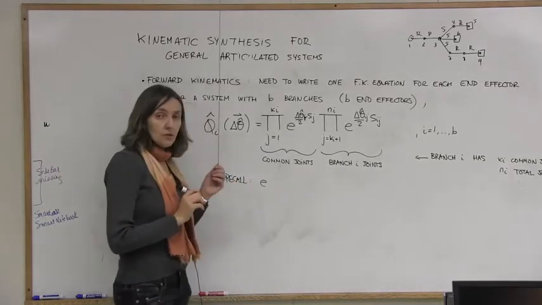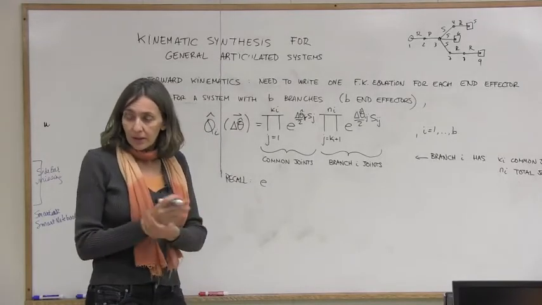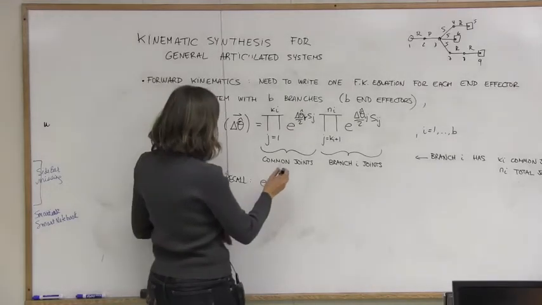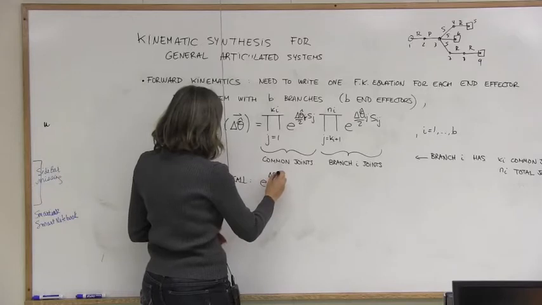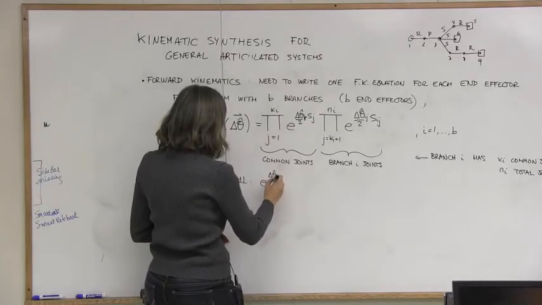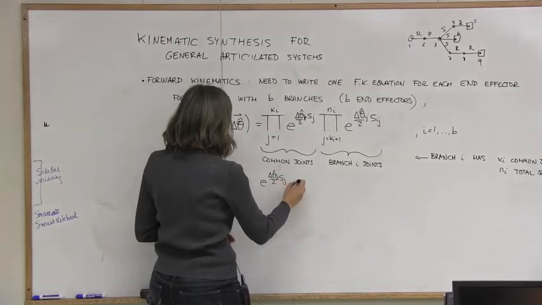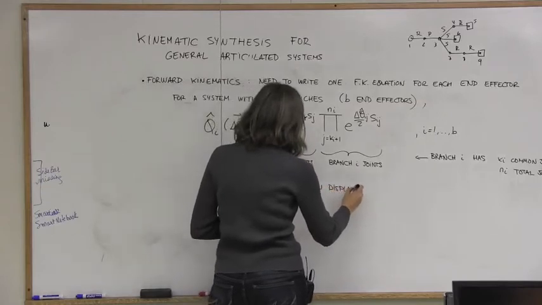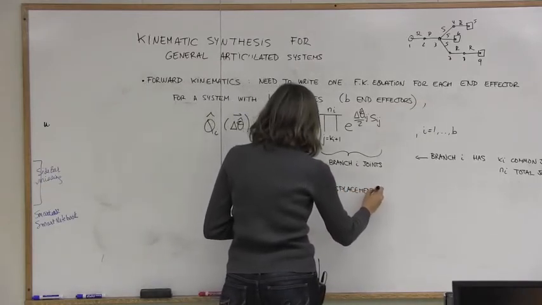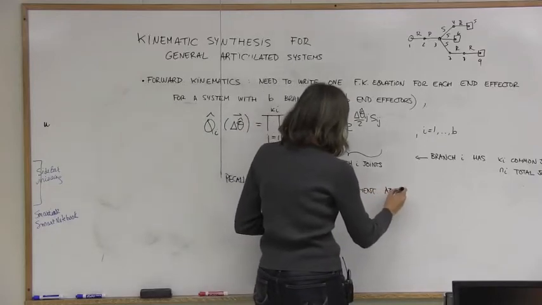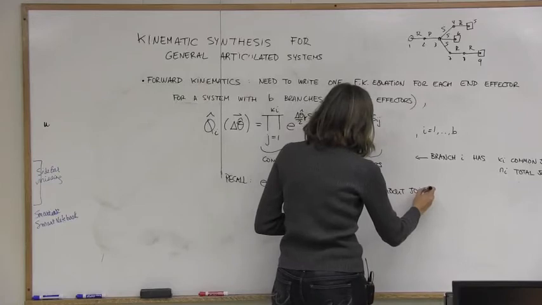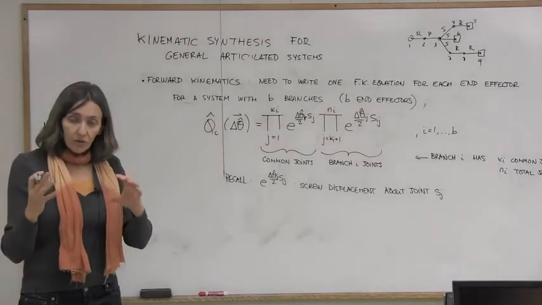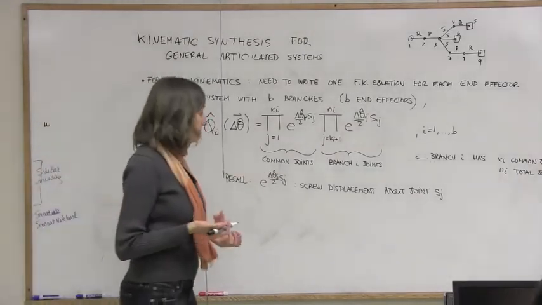This exponential notation is not associated with a particular algebra, and we haven't studied this in detail, and we probably need to, but delta theta j divided by 2 Sj is the screw displacement about joint Sj, and these are the Plucker coordinates of the joint, whether in matrix form or in dual quaternion form.